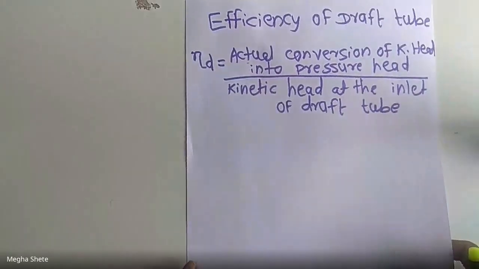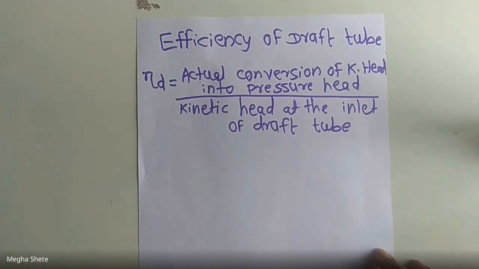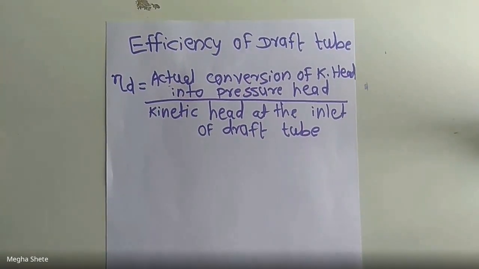our next point, that is efficiency of draft tube. What is the definition of the efficiency of draft tube? The efficiency of draft tube is defined as the ratio of actual conversion of kinetic head into pressure head in the draft tube to the kinetic head at the inlet of the draft tube.